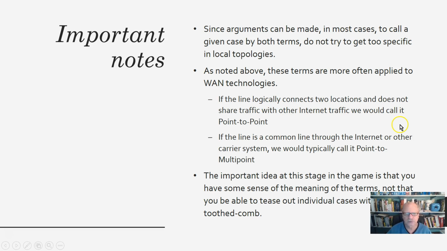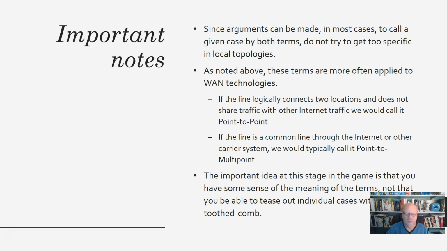Okay, that's kind of what we said under point-to-point. If the line is a common line through the internet or other carrier system, we would typically call it a point-to-multipoint, because at least part of the distance the information is carried where other devices are connected and involved, and then traffic could be seen by both.